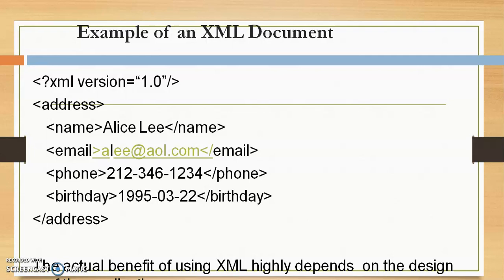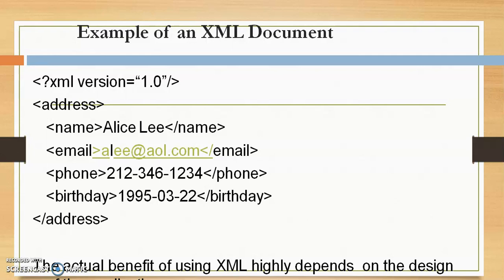So the user has the right to develop their own tags. The first tag is the address tag. Inside the address are the subtags. We call this address tag an element. Every start tag should have an end tag, with a backslash followed by address.